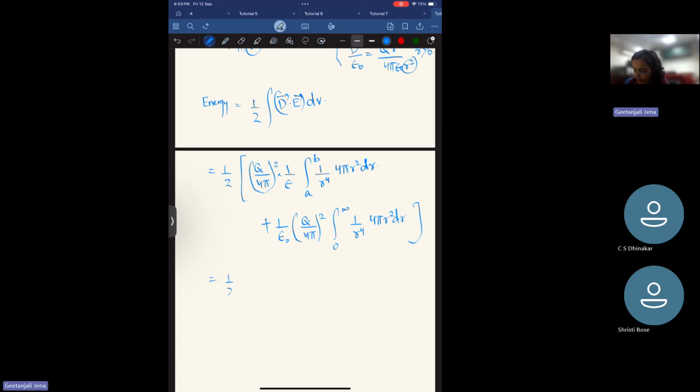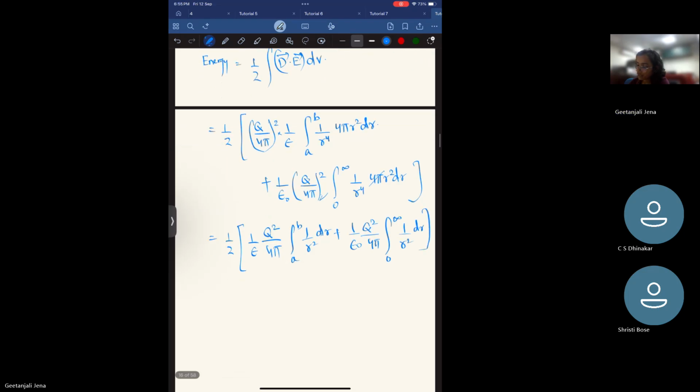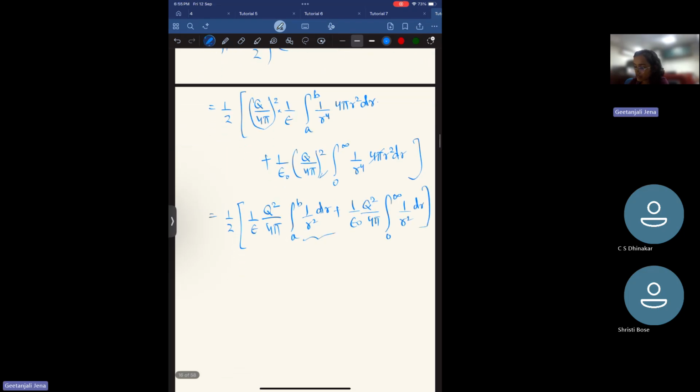So let us simplify it further. This is 1 by epsilon, Q square by 4 pi. 4 pi will cancel here, and we have 1 by r square integration here, 1 by epsilon, Q square by 4 pi, 0 to infinity, 1 by r square dr. You know the value for this integration, it is minus 1 by r.